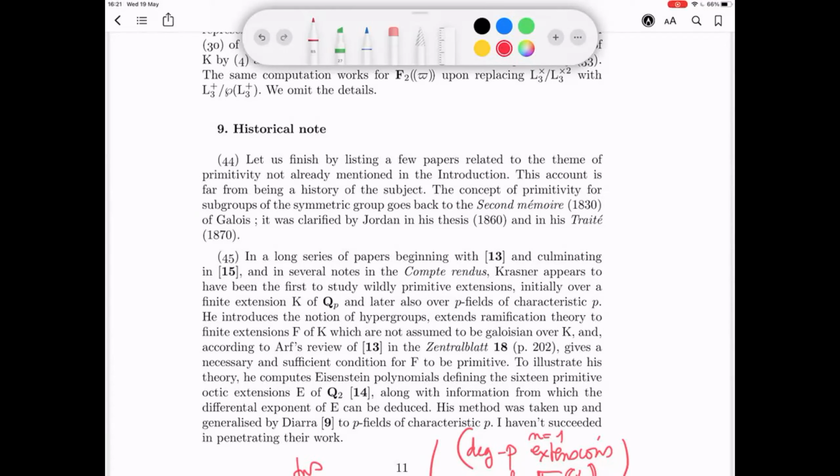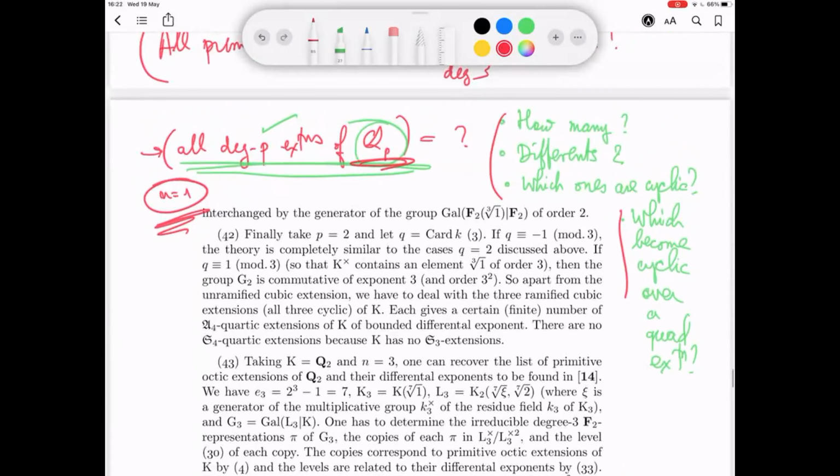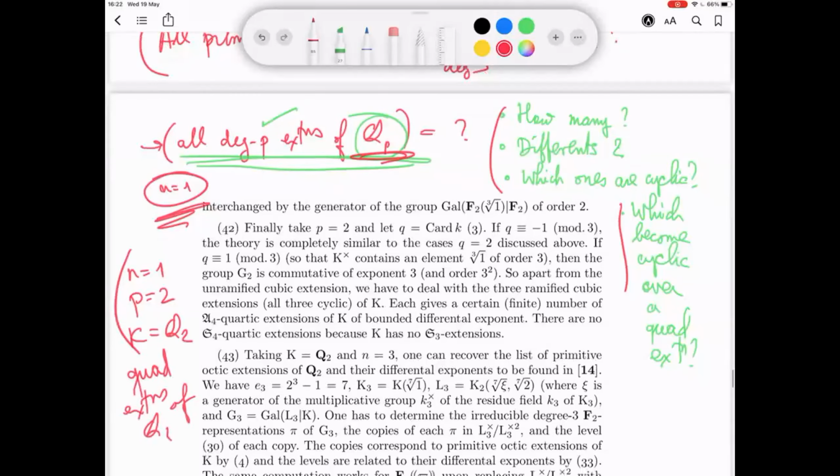And similarly, that is the simplest case. The 7 quadratic extensions of Q2, that is the simplest example of n equal to 1, P equal to 2, and in fact, K equal to Q2. So you're looking at quadratic extensions of Q2.